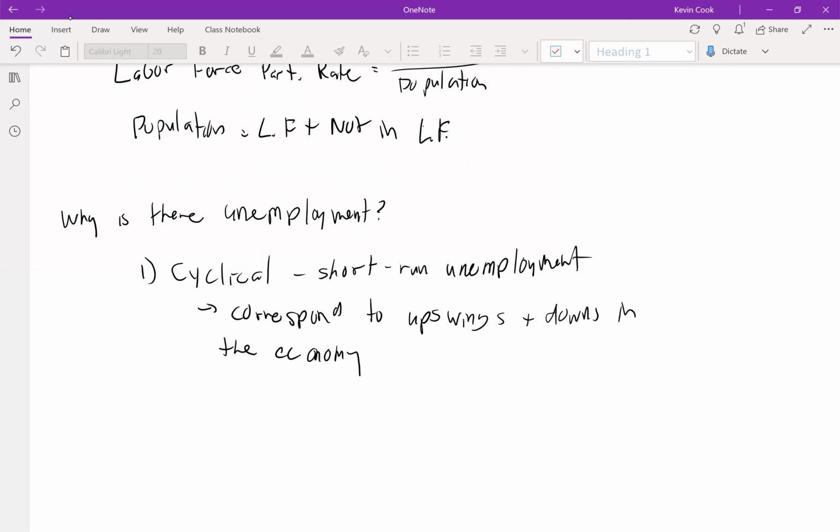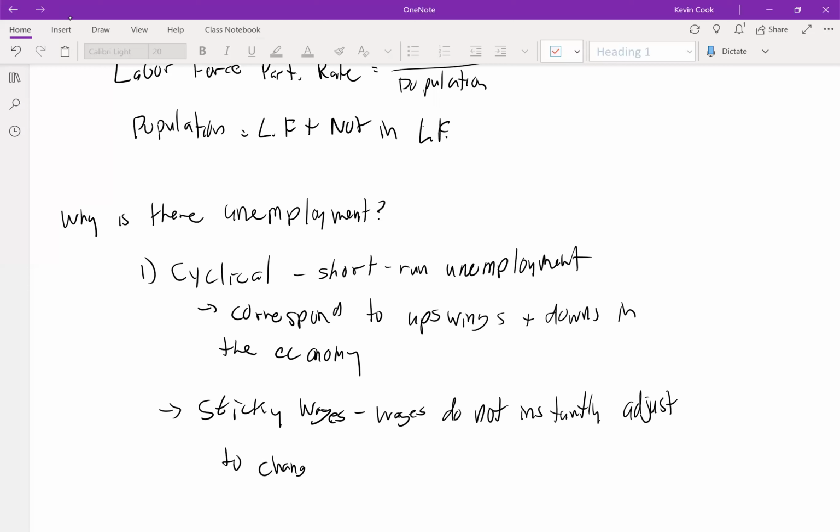And the large reason we have this cyclical unemployment is because of sticky wages. With sticky wages, we basically said that wages do not always adjust, or do not instantly adjust, to changes in the labor market.